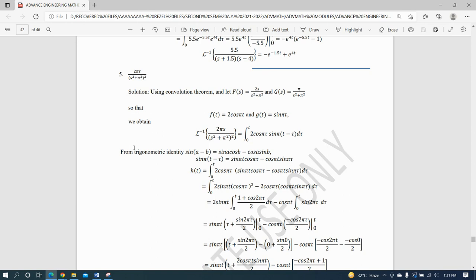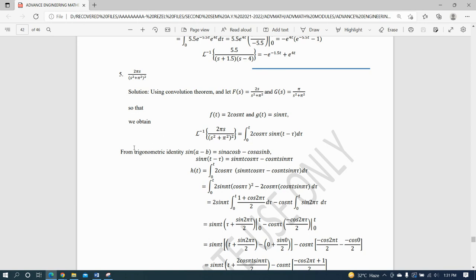Okay, but here, using the convolution theorem, if you notice, we do not have coefficients like A, B, C, D, E, and so on. Okay?